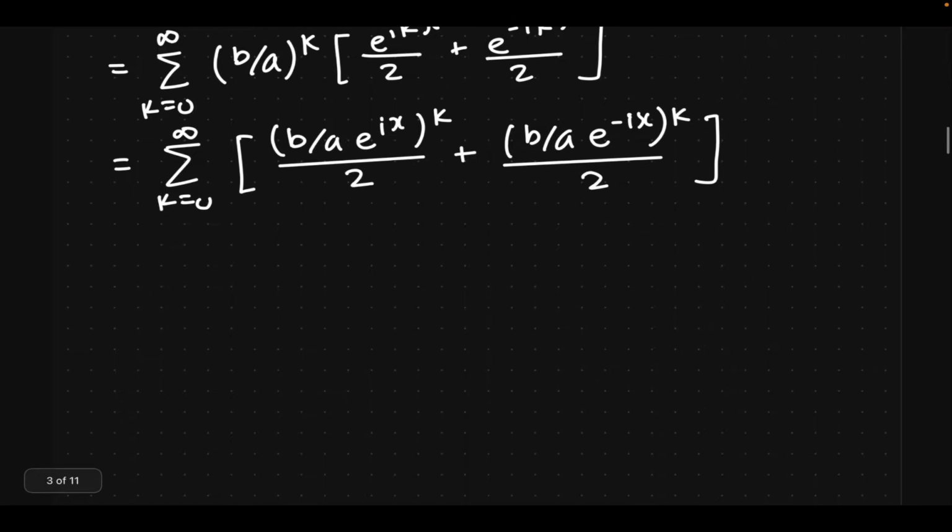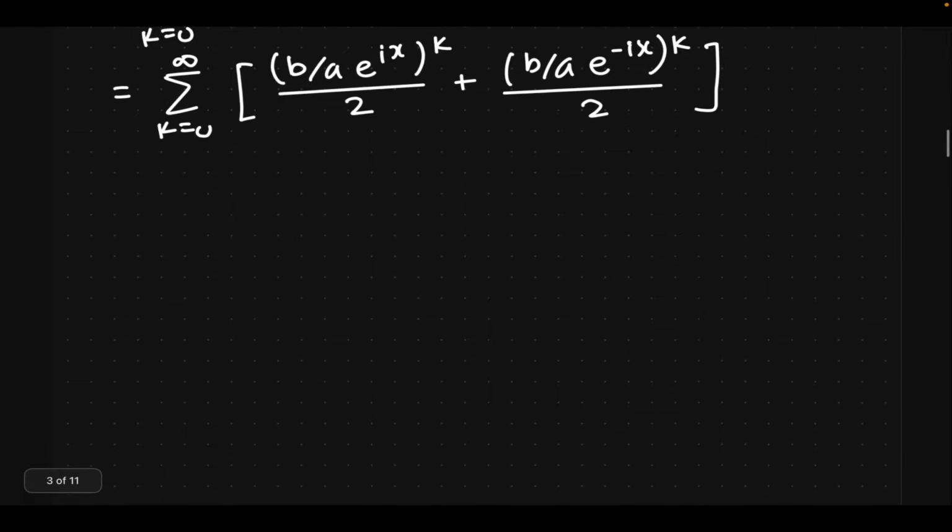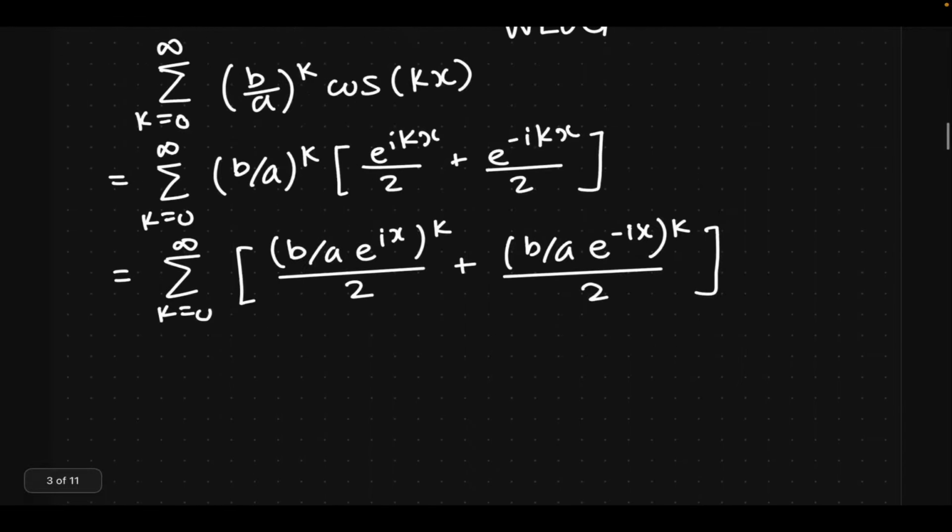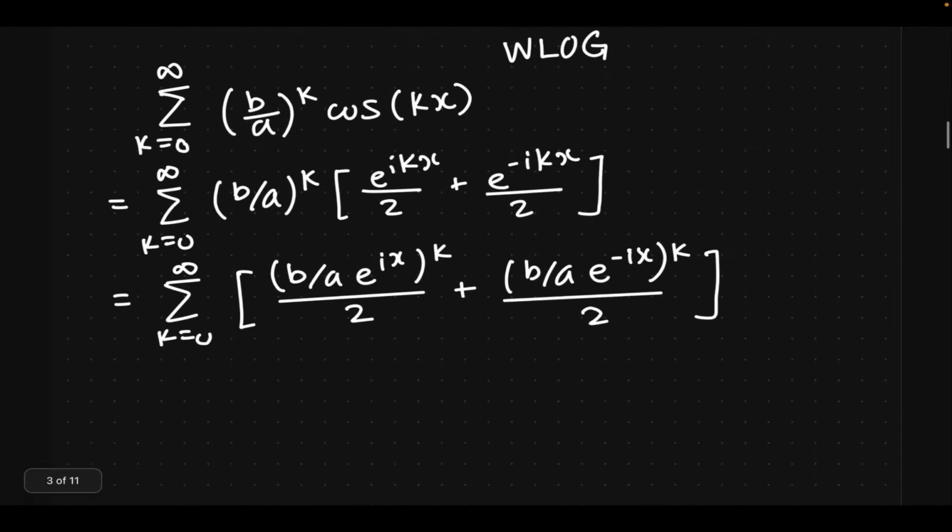Now we want this series to converge, right? Because otherwise the infinite sum will blow up. So let's say the condition we require for convergence is that this common ratio, this thing inside this bracket, has to be less than 1.